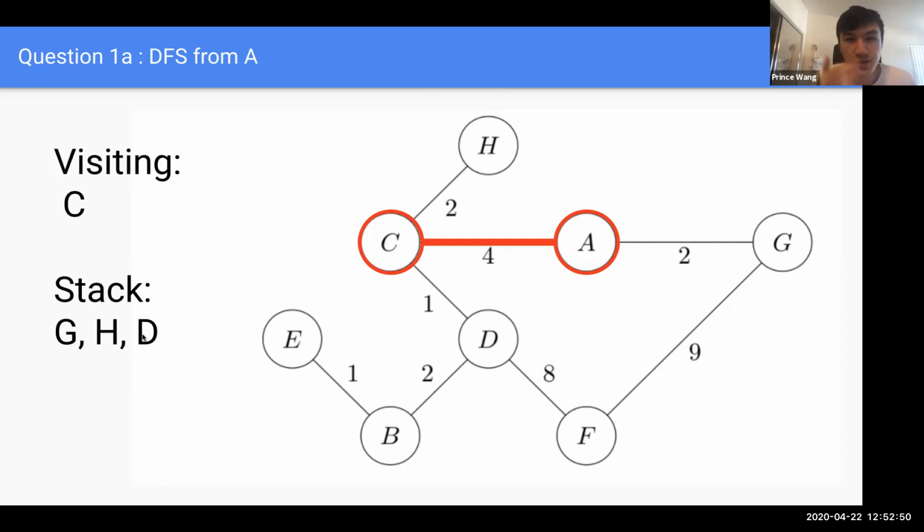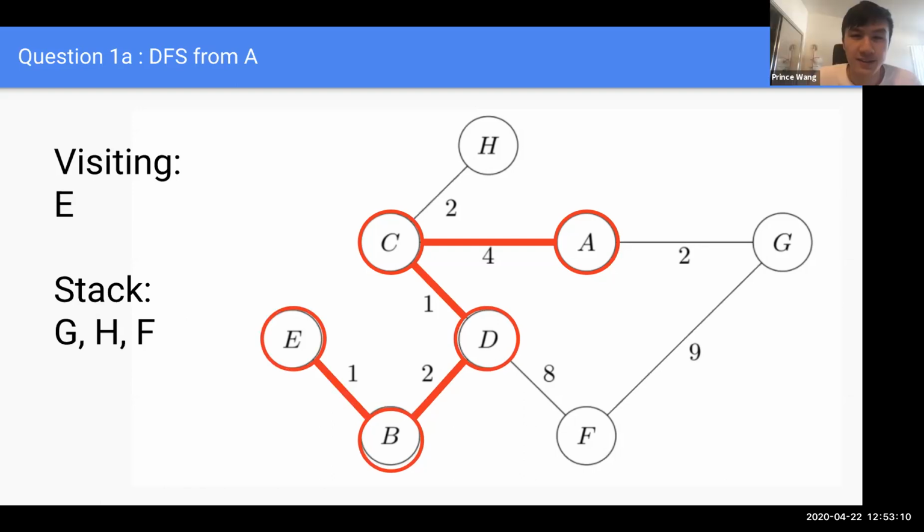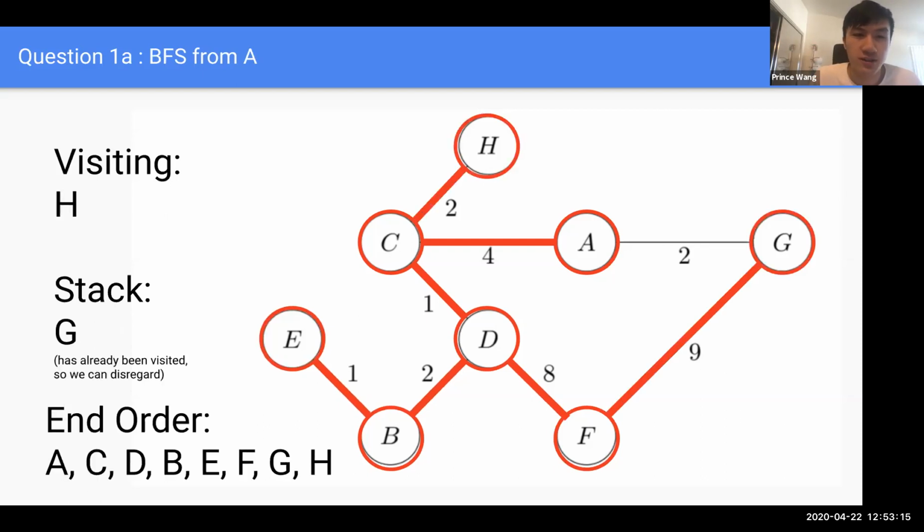Which one are we going to next? D. Great. Now which node next? B. Exactly. And then? E. Cool. And then F, G, H. Right?